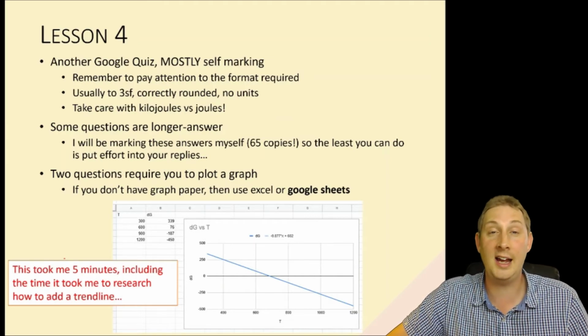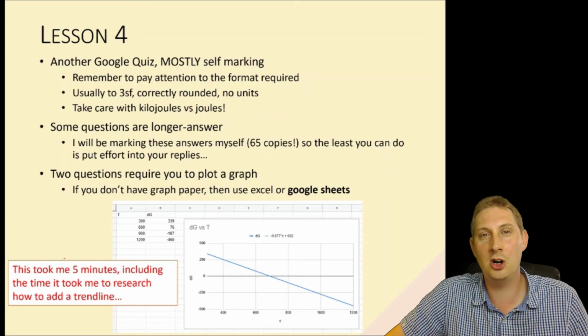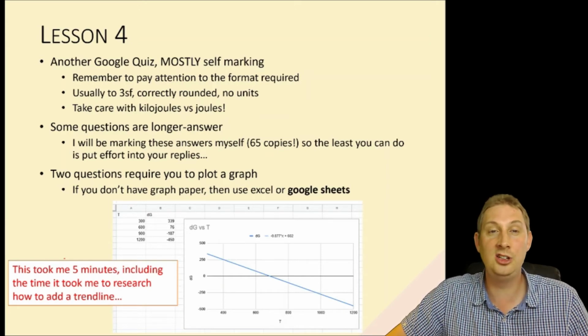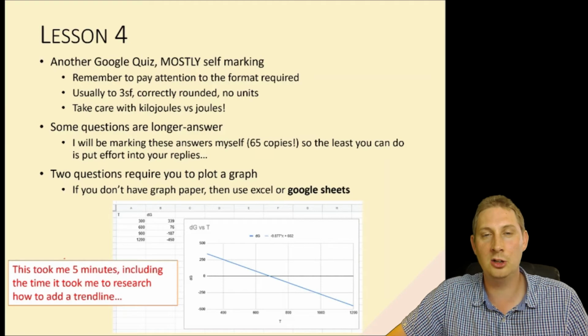Some questions, because I have given you some exam questions, some questions are longer answer. I'm going to put in the effort to mark all of your answers according to the mark scheme, so the least you can do is put some effort into your replies. It may take you 2 minutes to do it. It's going to take me a lot longer than that to go through all those answers.